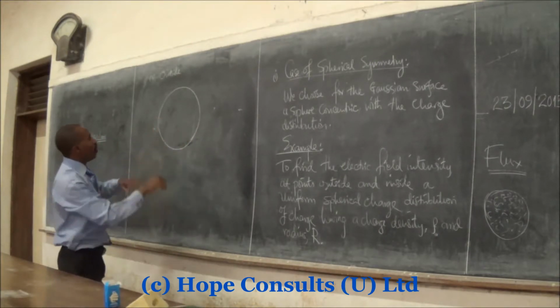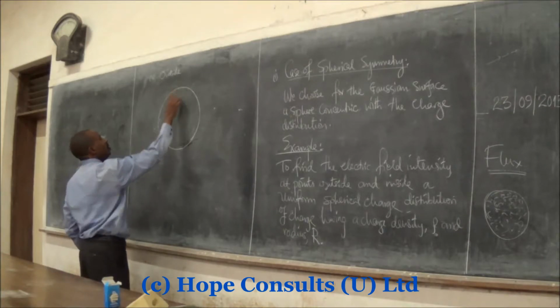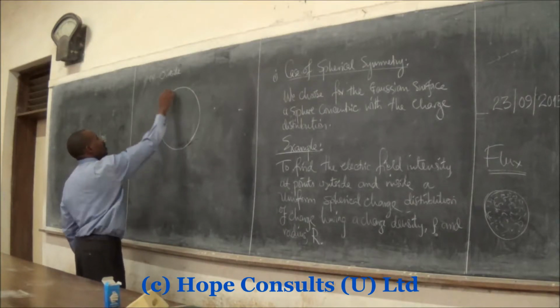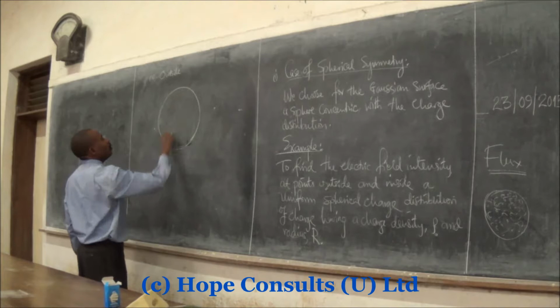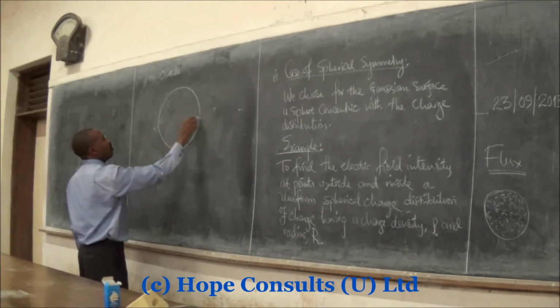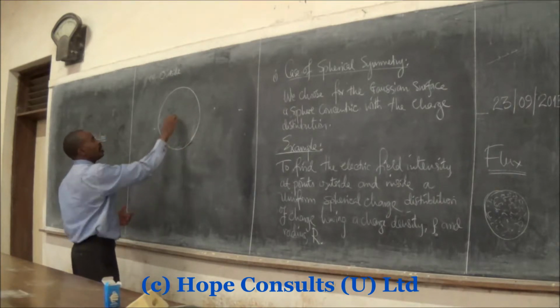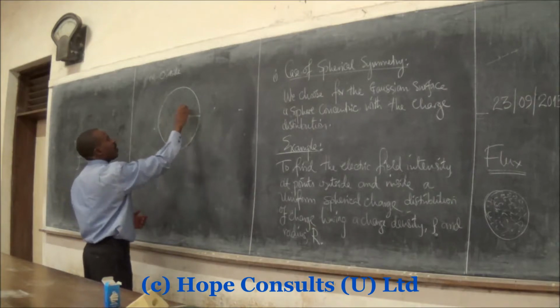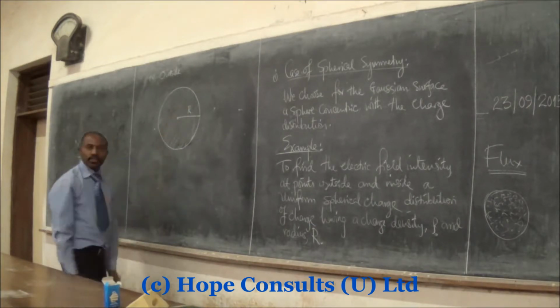I won't really draw much. I'll just maybe shade it, but I can't use the dots. I don't have that time to make the dots. So this is the center, and this is our radius.